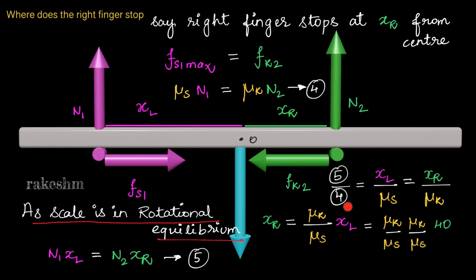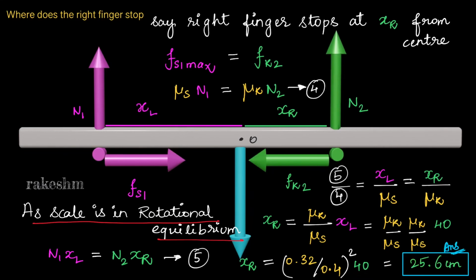We have already calculated XL, and this distance is mu k by mu s into 40. So when we put the values of mu k and mu s here, we get XR equal to 0.32 divided by 0.4, whole square, into 40.